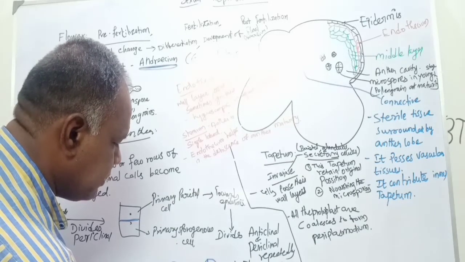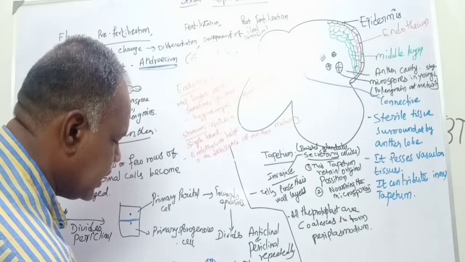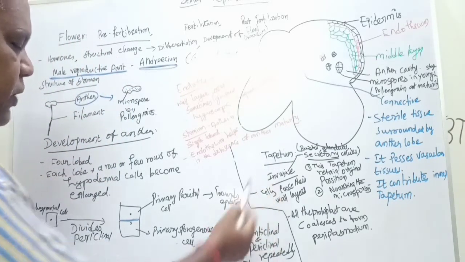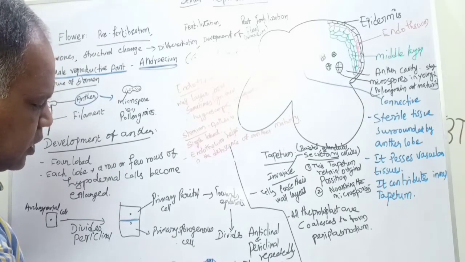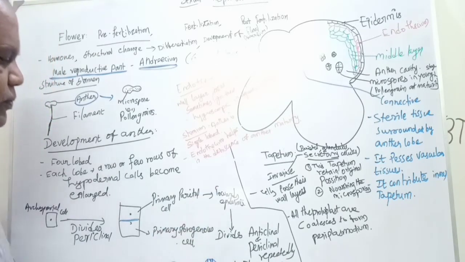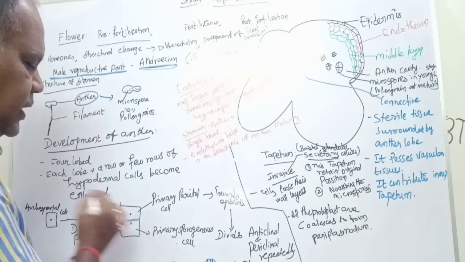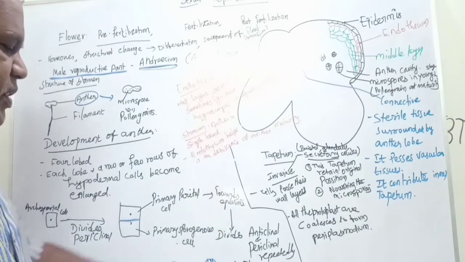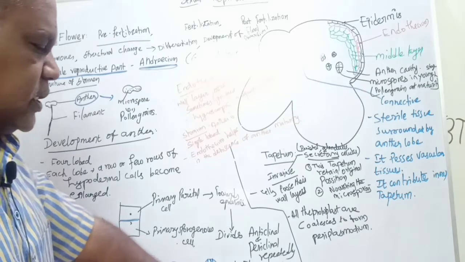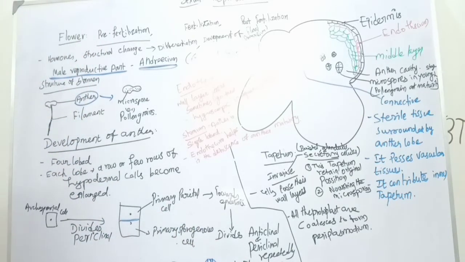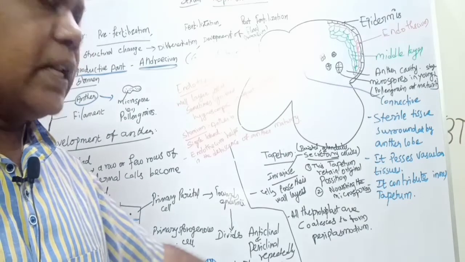Anticlinal division, then periclinal division, repeatedly, to form 2 to 5 layers of anther wall. The parietal cell divides to form the anther wall layers: epidermis, endothecium, middle layers and tapetum.